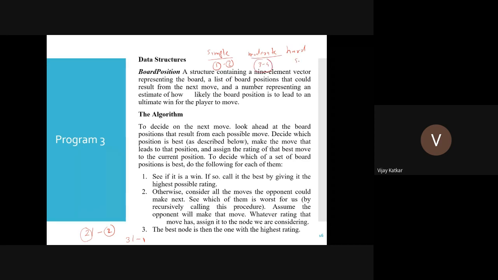And hard means it is looking 5 to 6 moves into the future. So based on how many moves it looks into the future, the game becomes more difficult for you. If the computer is looking five or six steps ahead, that is difficult for you. If it is looking only one or two moves, then it is easy for you to play with the computer, and so on.